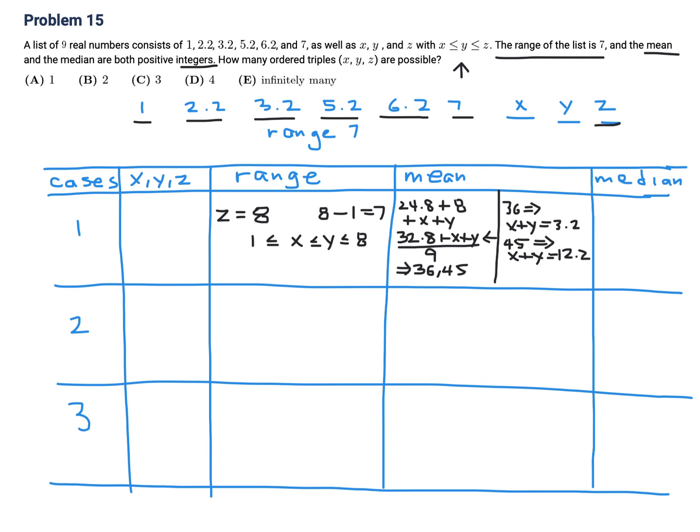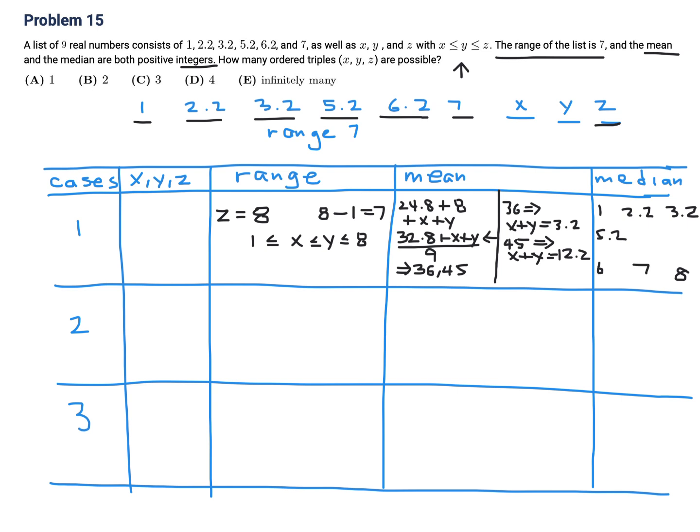We got to make sure that the median is an integer also. So we got 3.2. Let's see here. 1, 2.2, 3.2, 5.2. Then we got 8 out here. We got a 6.2. Sorry, we have a 7 also.